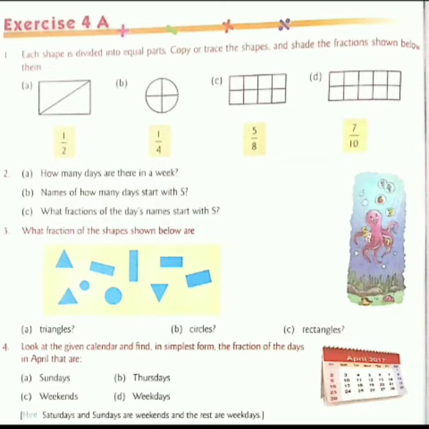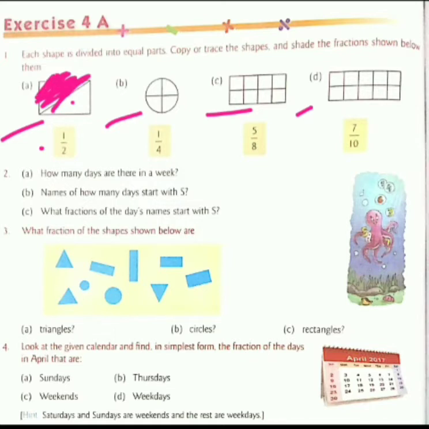Some fractions are given below in these 4 figures, 4 shapes. You have to set the fractions. Okay. 1 by 2. That means out of 2 parts, 1 part you have to set. So here 2 parts are given. Any 1 part you have to set like this.